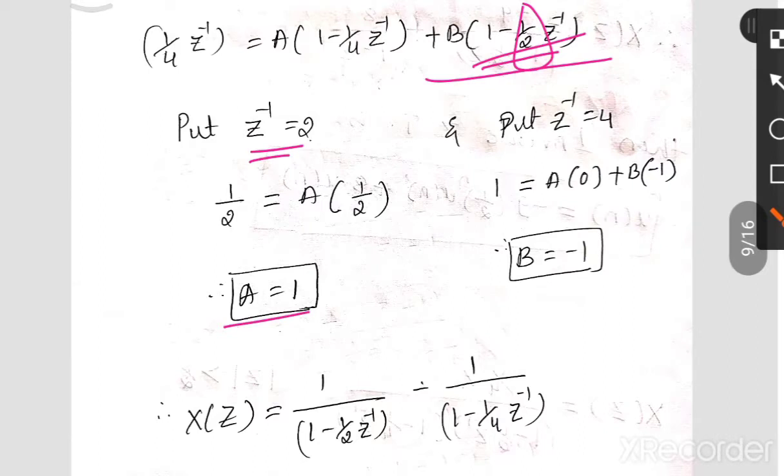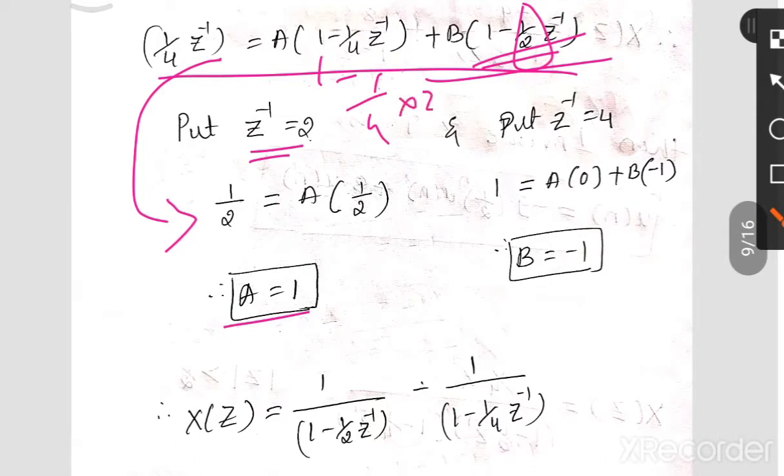So substitute z inverse equal to 2 in this entire equation. 1/4 into 2 will be 1/2, equal to 1 minus 1/4 into 2, which is 1 minus 1/2, nothing but 1/2. B anyhow we made equal to 0. Therefore A equals 1.